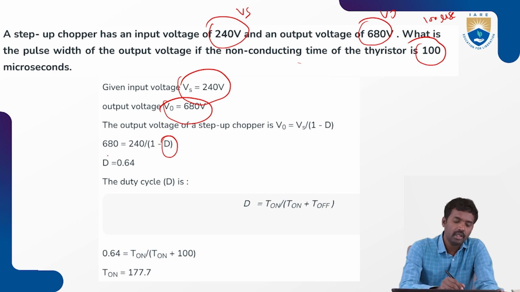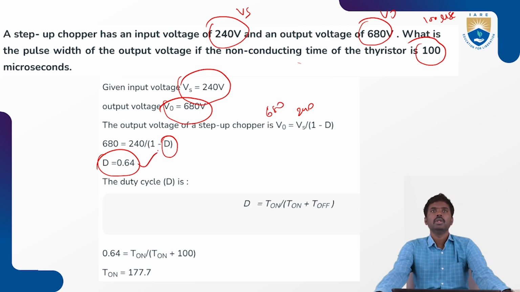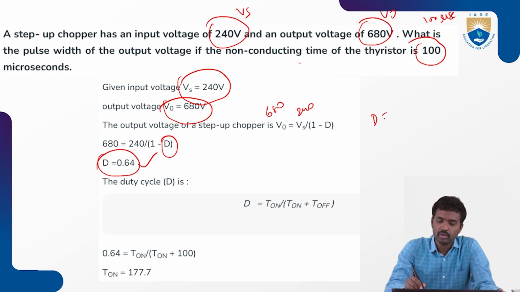The duty cycle is equal to 240 by 680, so the duty cycle equals 0.64. Another formula is duty cycle equals T on divided by T, which equals T on divided by T on plus T off.